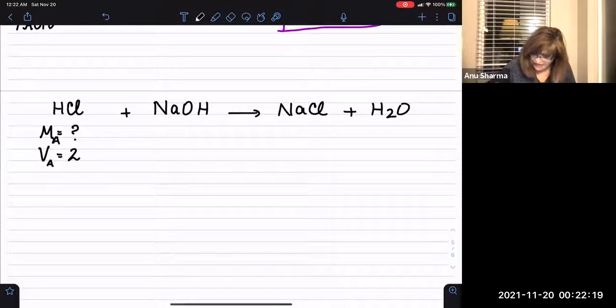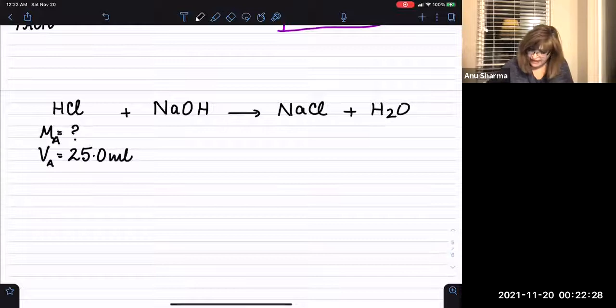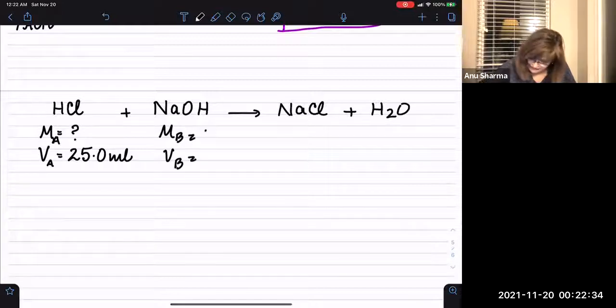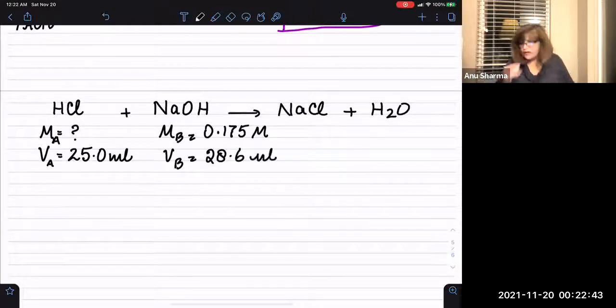This is acid, 25.0 milliliters. And then NaOH, the molarity of the base and the volume of the base. The molarity of the base is 0.175 M. And the volume used is 28.6 milliliters.